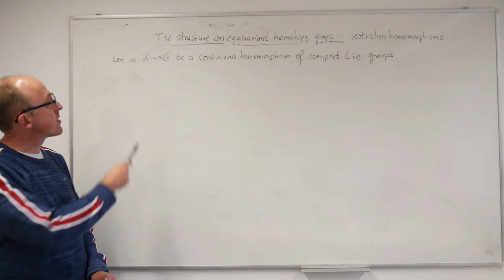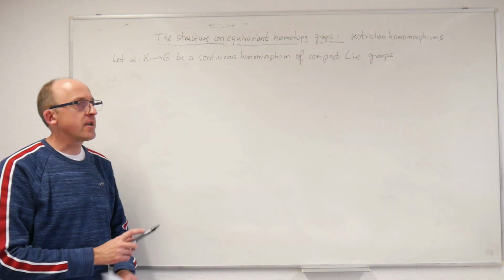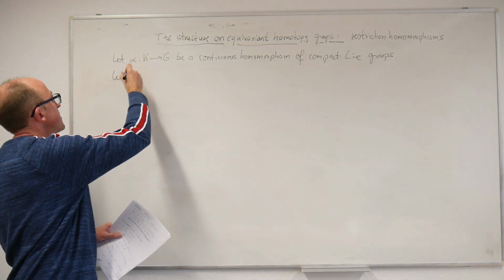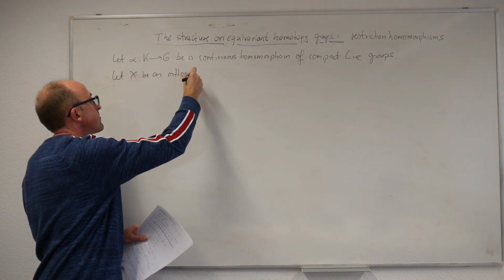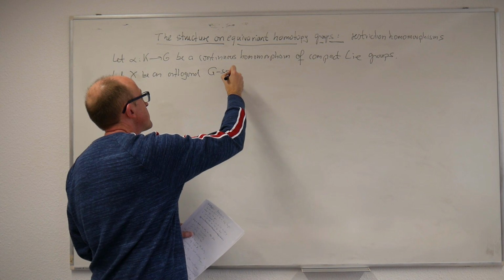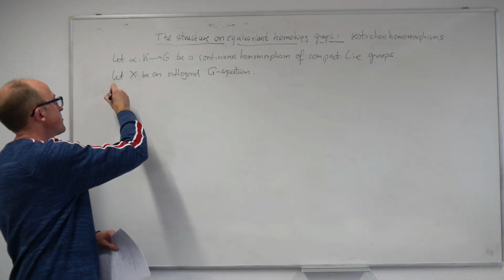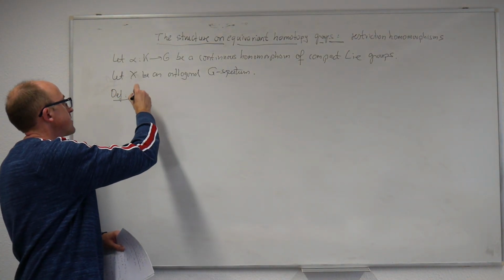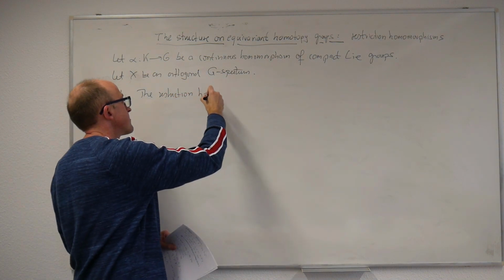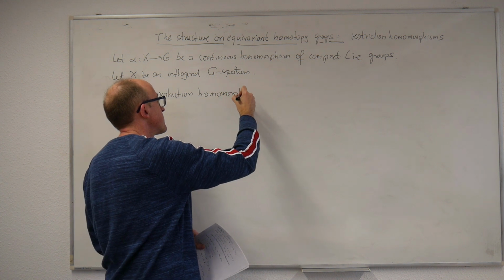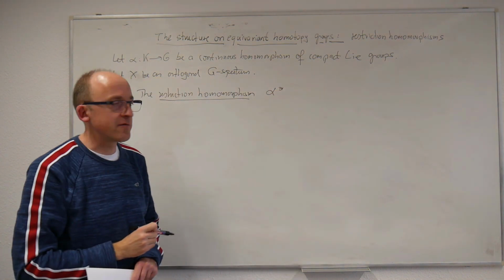As before, I consider a continuous homomorphism alpha from a compact Lie group K to a compact Lie group G. And now I also take an orthogonal G-spectrum. Let X be an orthogonal G-spectrum. And now I can introduce the restriction homomorphism of equivariant homotopy groups, that I also call alpha upper star by abuse of notation.